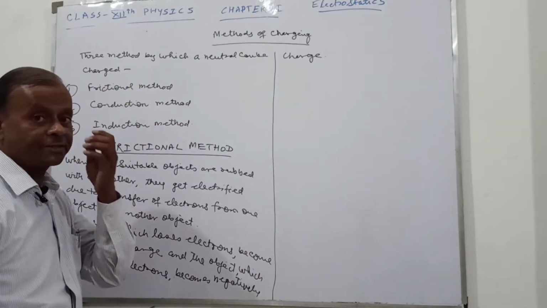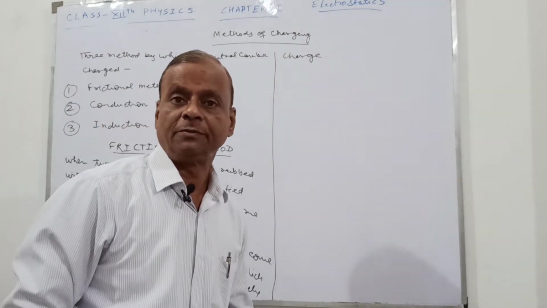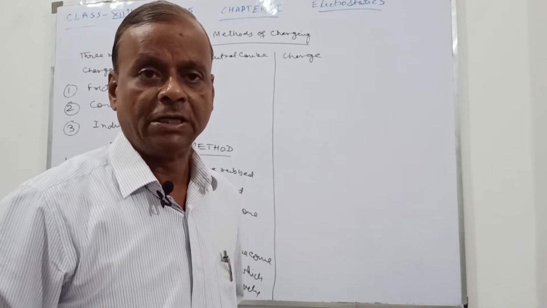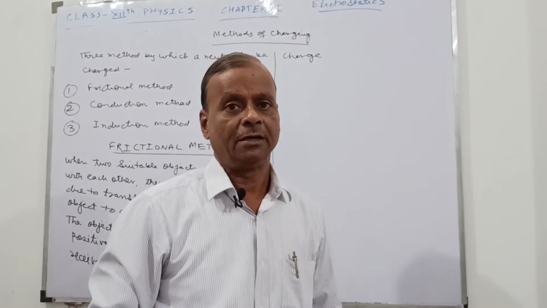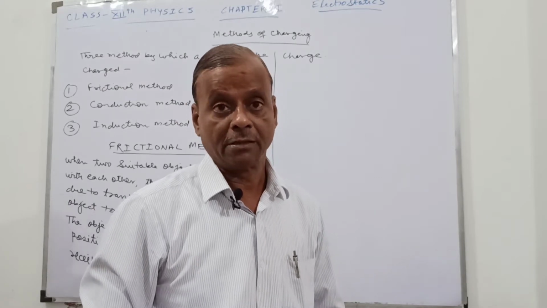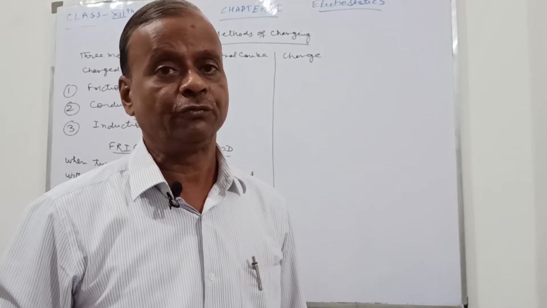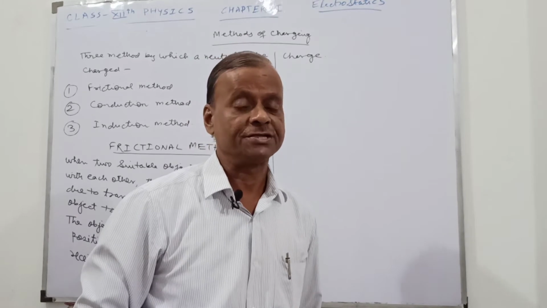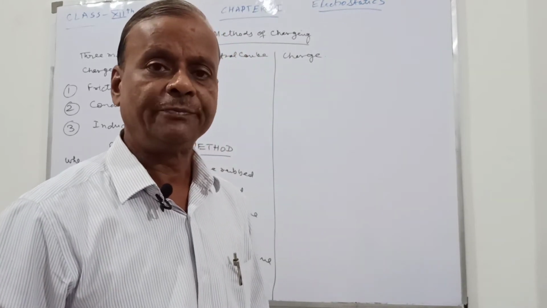I give you so many examples in this case. Suppose a glass rod rubbed with silk, an ebonite rod rubbed with cat's fur, and also you have seen that when we put on or take off silk clothes or woolen clothes, you would have heard a cracking sound, or light flashes can be seen, which exist only for a very short time.